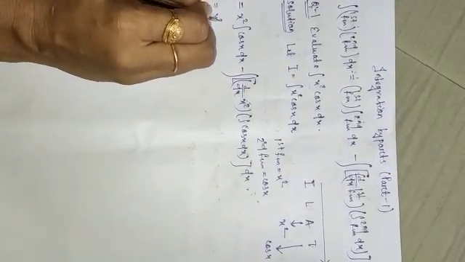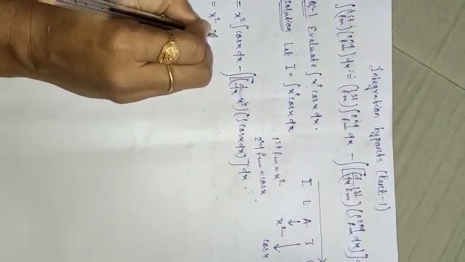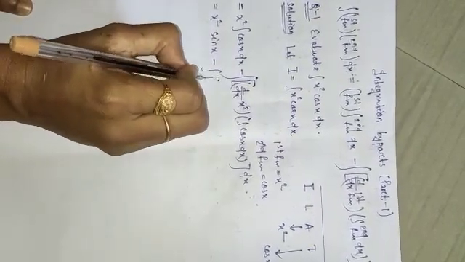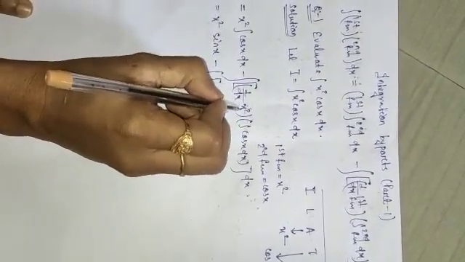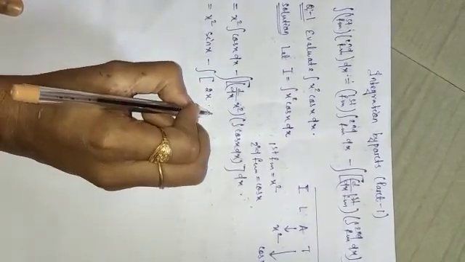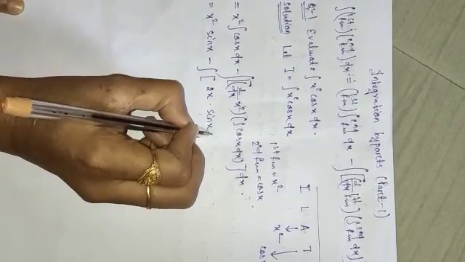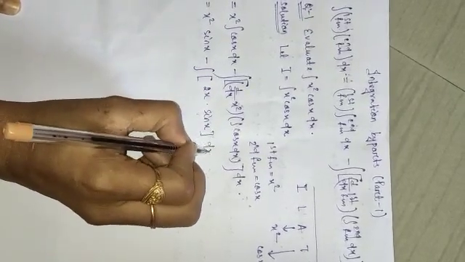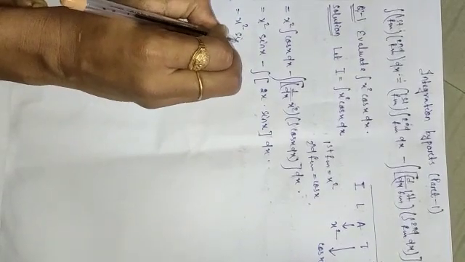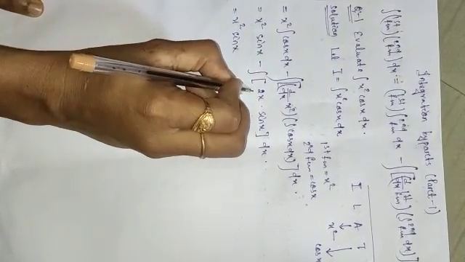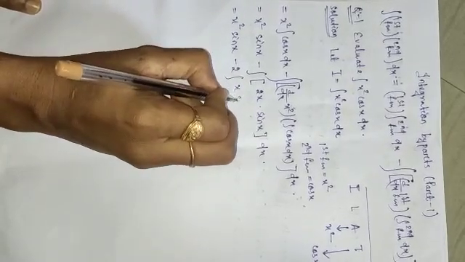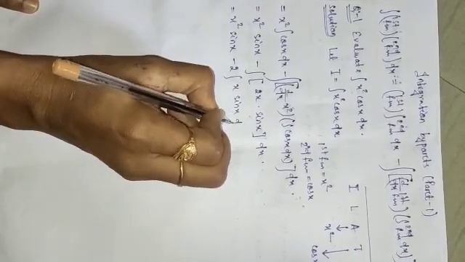Next step: x square, integration of cos x, as you know, is sin x, minus the integration of the derivative of x square, that is 2x, into the integration of cos x, which is sin x, then dx. Next step is x square sin x. Here 2 is a constant, so take it outside the integration. So, integration of x sin x dx.